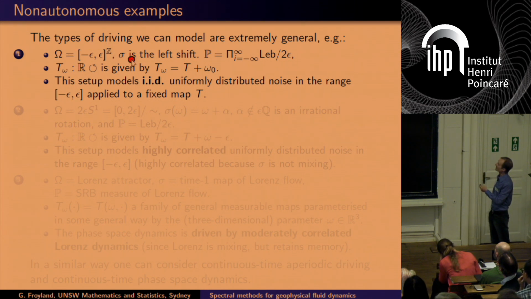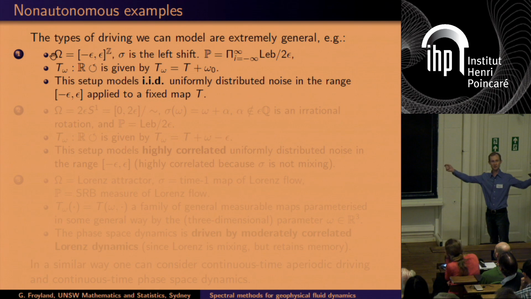My sigma is going to be just a shift to the left, and my p is going to be a product of scaled Lebesgue. My T omega is going to be very simple. I won't specify it exactly. Let's say it's a map of the real line, and T omega is going to be some fixed map T plus the 0th entry omega naught. So what does an element of omega look like?